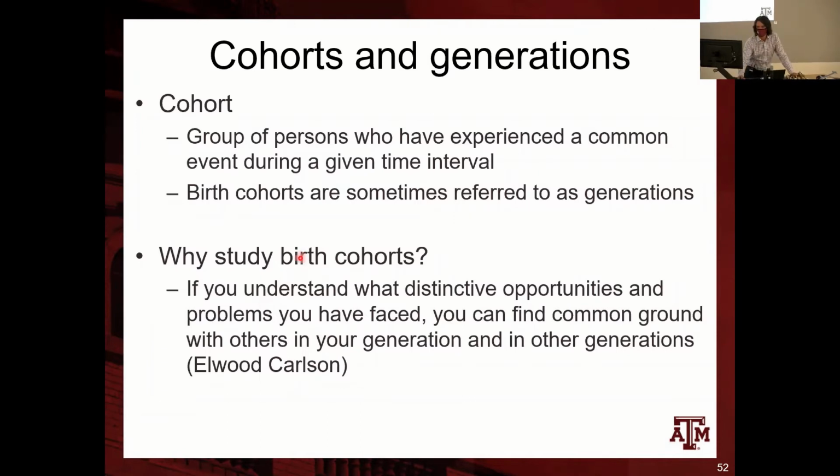In that case, we are not talking about birth cohorts, but about people entering the college, the university system, at the same time. So that's one example of a cohort that's not related to birth cohort.